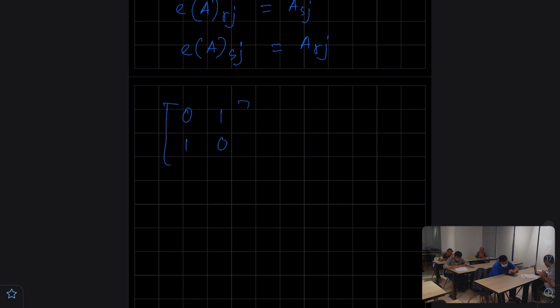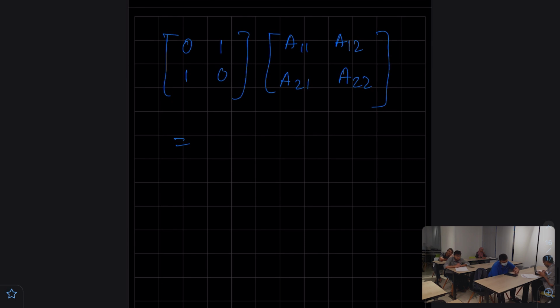And now if I multiply it with A11, A12, A21, A22, take the multiplication and see what will happen. This will be A21 and A22, A11, A12, right?